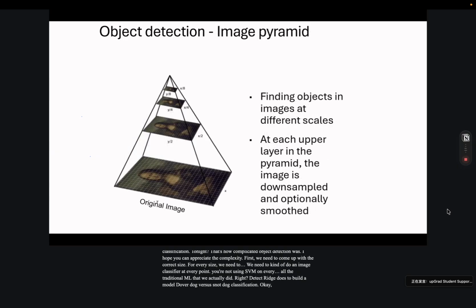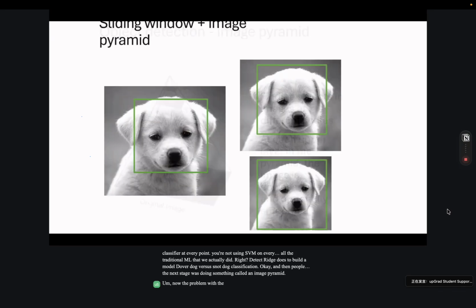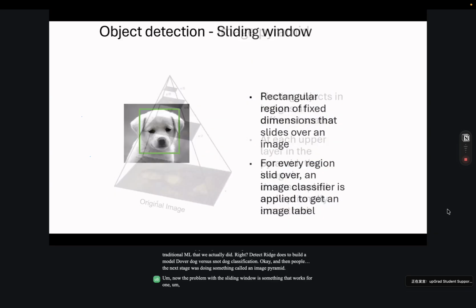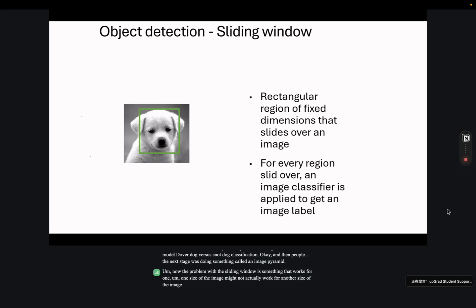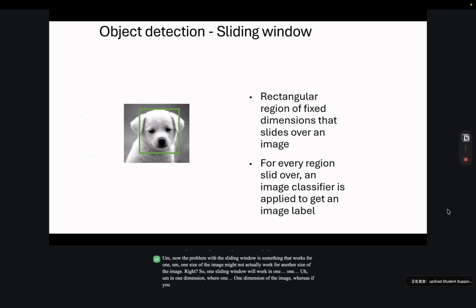Okay, and then the next stage was something called an image pyramid. Now the problem with the sliding window is that something that works for one size of the image might not work for another size of the image, right? So one sliding window will work for one dimension of the image, whereas if you increase or decrease the size of the image, it might not work out.